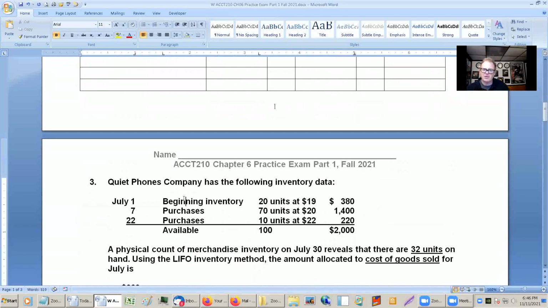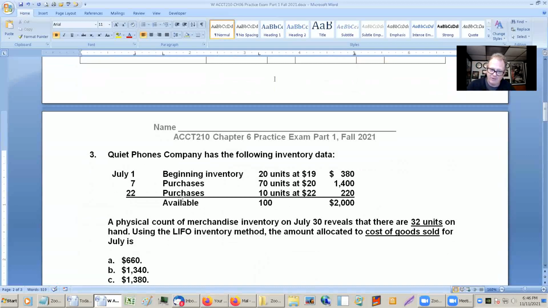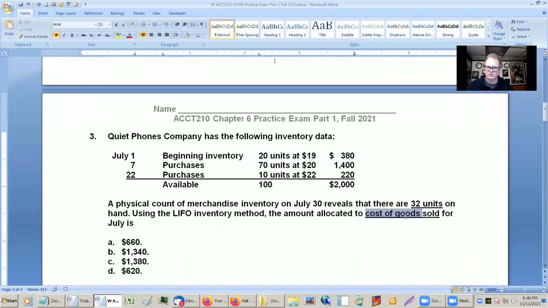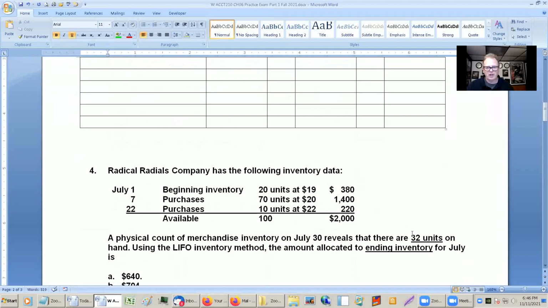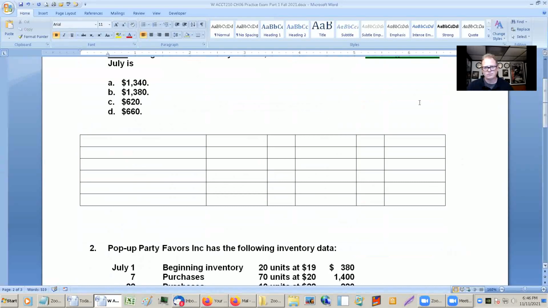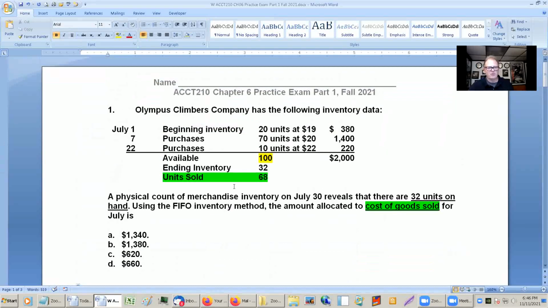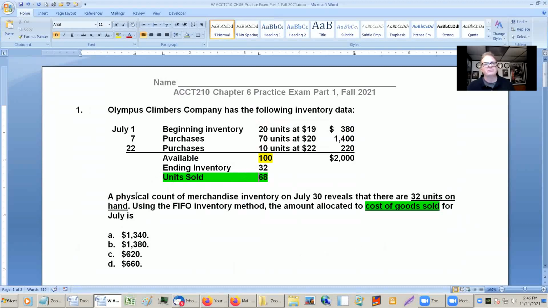Exactly the same thing, except that now it's LIFO, cost of goods sold, ending inventory. And 1, 2, 3, and 4 all have the same data. Notice that it's all the same. So in other words, the units sold is going to be the same for every single one.